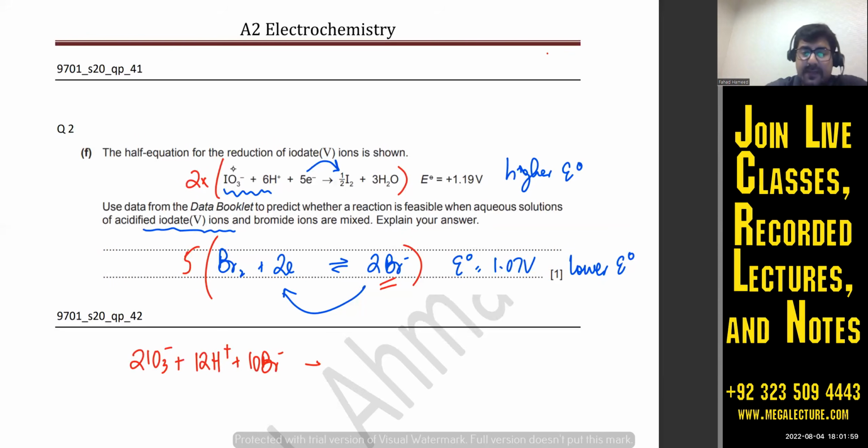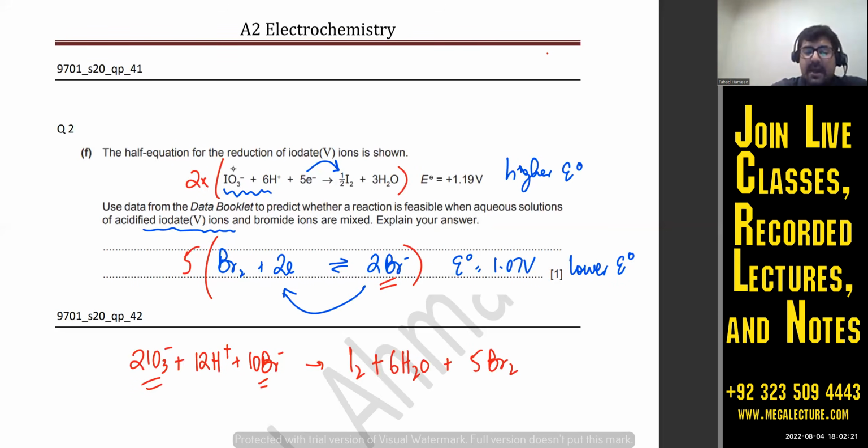And what about the products? In the first one, it's going to be I2 plus 6H2O, and in the bottom one, the product is 5Br2. So the reaction is happening. Iodate(V) is reacting with Br minus.